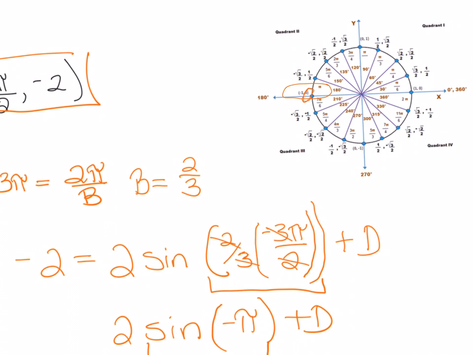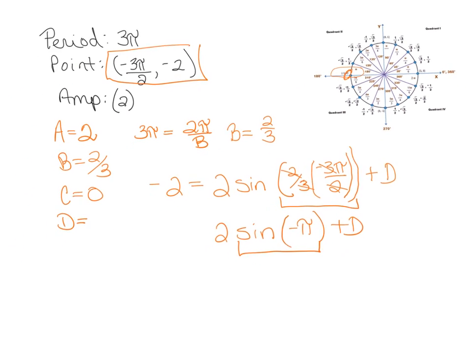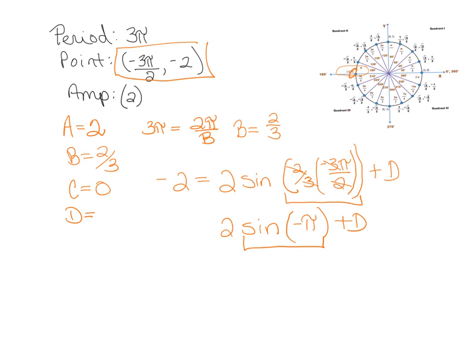So at pi, our sine value is 0. So instead of writing sine -pi, we're going to write 0. So we're going to write 2 times 0 plus d. So we've got -2 equals 2 times 0, which is 0, plus d. So d is equal to -2.